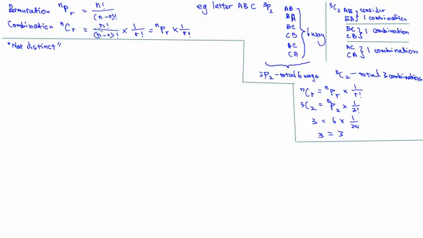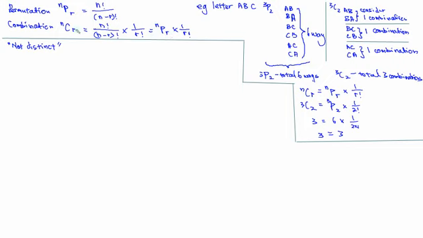Now nCr is equal to n factorial over n minus r factorial, times 1 over r factorial. Okay. Now then, this part here actually is nPr. So I'm going to replace this part here of nCr with nPr.